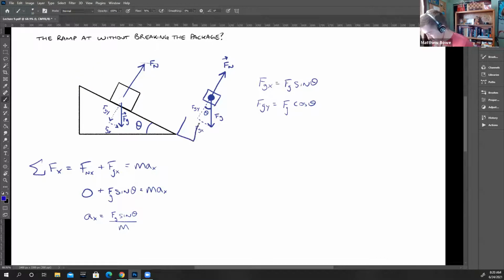We want to find a final velocity when it's all the way down at the bottom of the ramp. And we now have an acceleration. Okay, so maybe we could use one of those kinematic equations from earlier to solve for this final velocity.